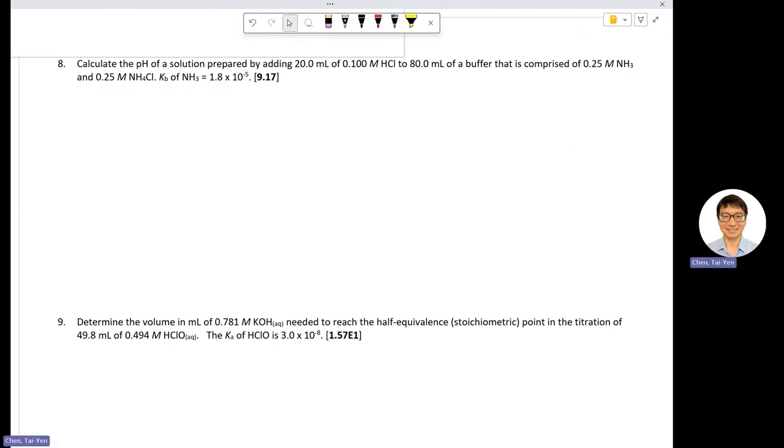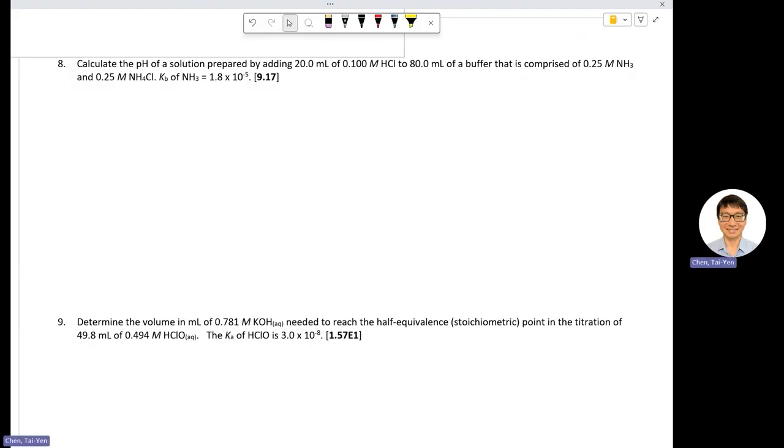Calculate the pH of a solution prepared by adding 20 mL of 0.1 M HCl to 80 mL of buffer that is comprised of 0.25 NH3 and 0.25 NH4Cl. The Kb of ammonia is a certain value.